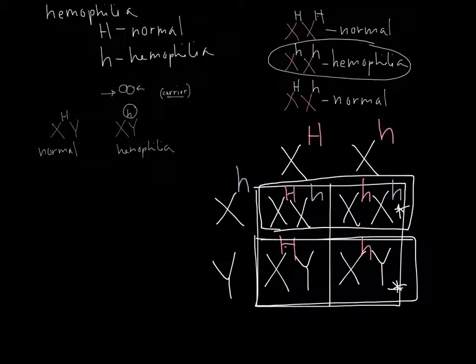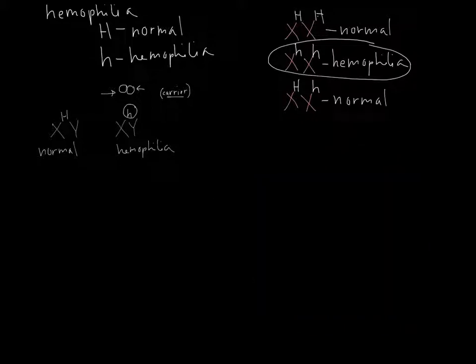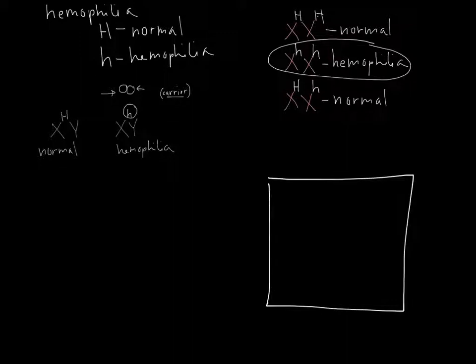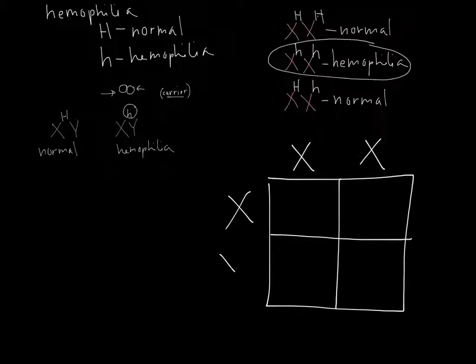All right, so let's do another one. I'm going to delete this one and start over. So let's do mom, dad again. And let's say mom is a carrier again. Okay. And let's say dad is normal. Okay.